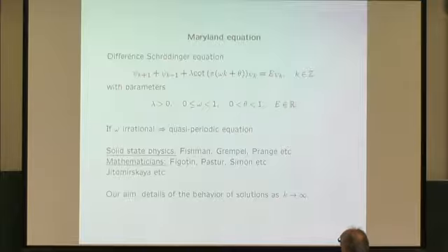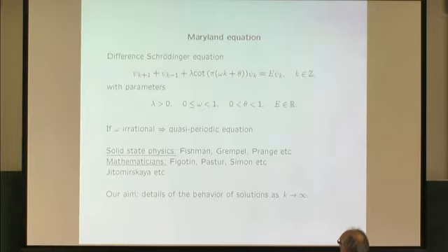This equation, as Svetlana said, has appeared in solid-state physics. It was invented by Fishman, Grempel, and Prange as a non-trivial quasi-periodic equation which can be studied more or less efficiently.